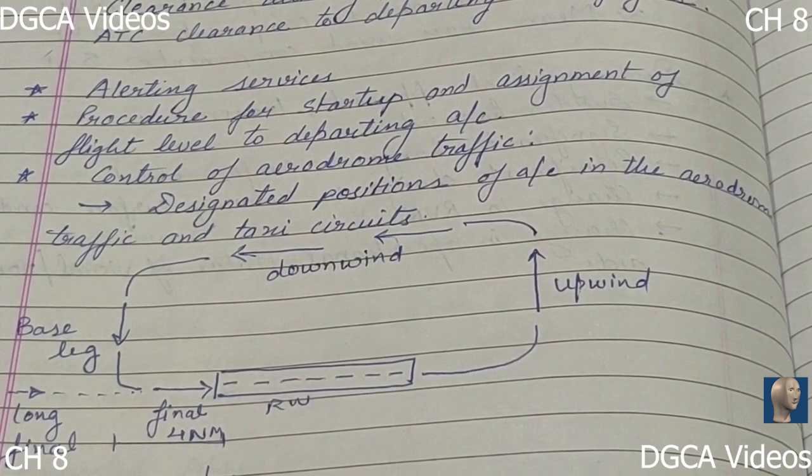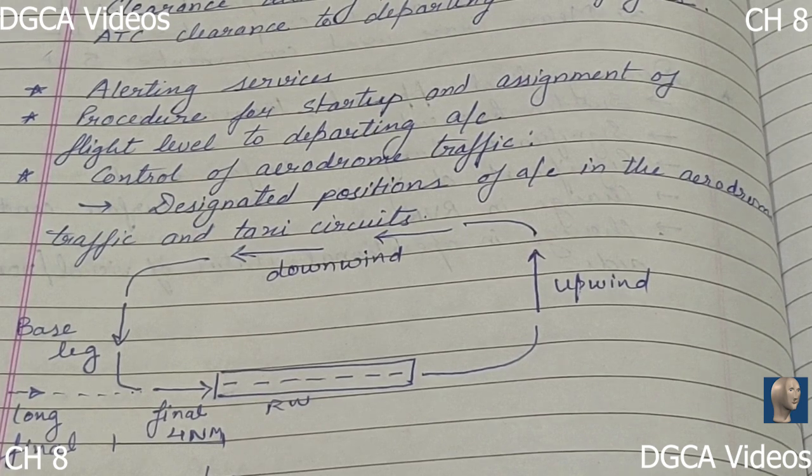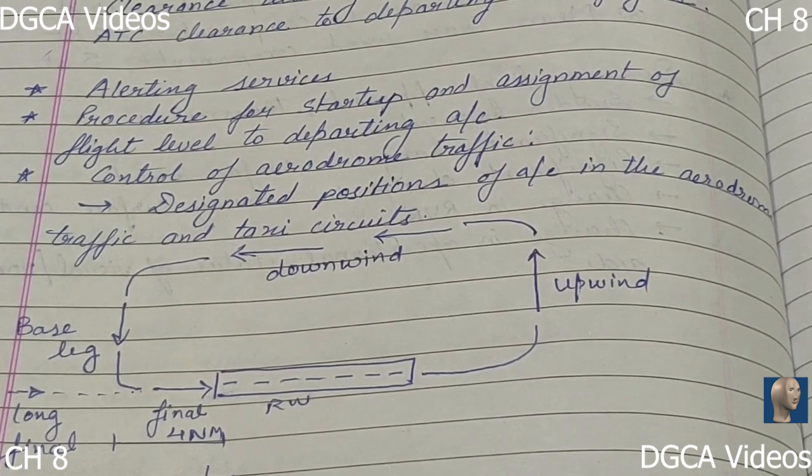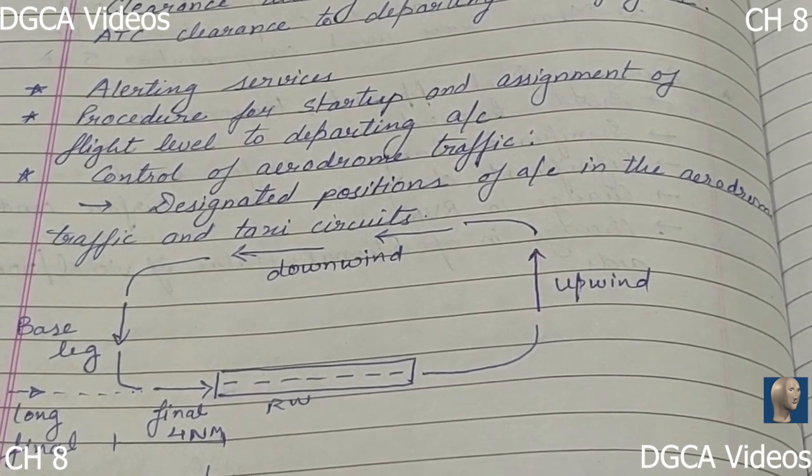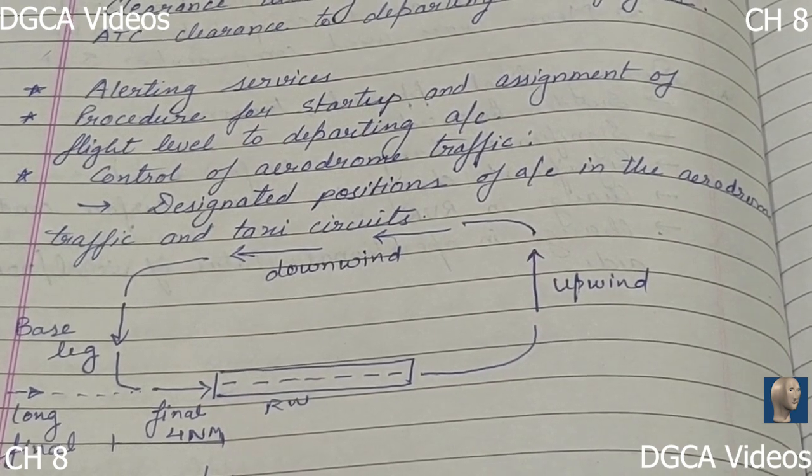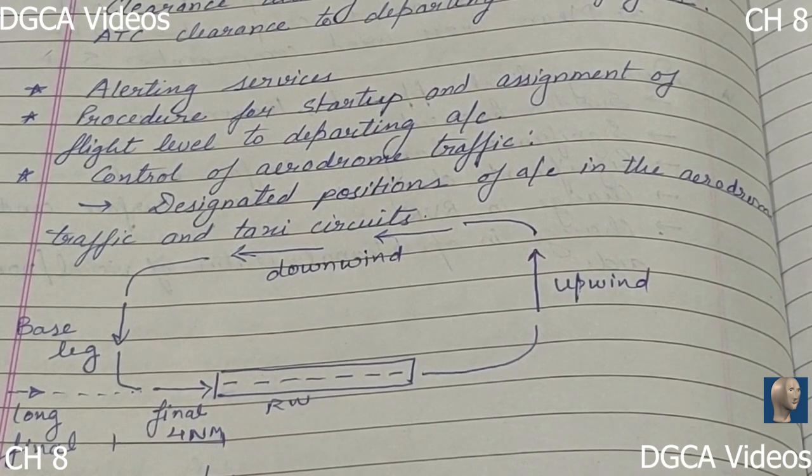And also if there is an aircraft going to land on the same runway, then the aircraft which is going to depart from that same runway has to be asked to wait for some time until that aircraft lands. Also, cruise climb is not permitted in the Indian flight information region, and transonic and supersonic phases of flight are also not permitted in the Indian airspace. These are very common things.